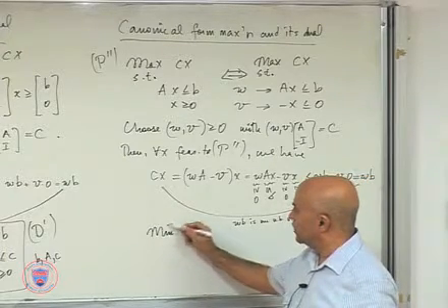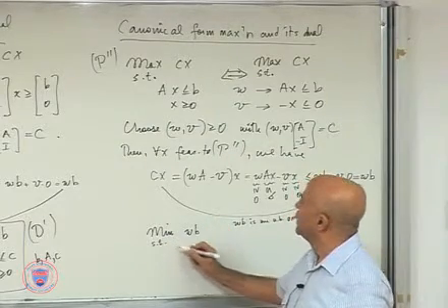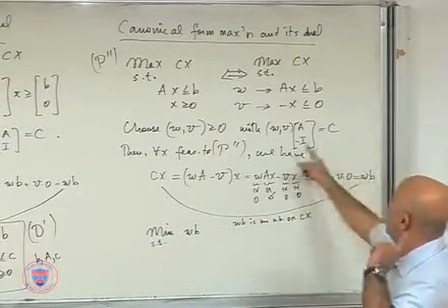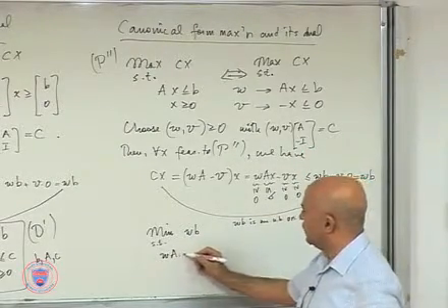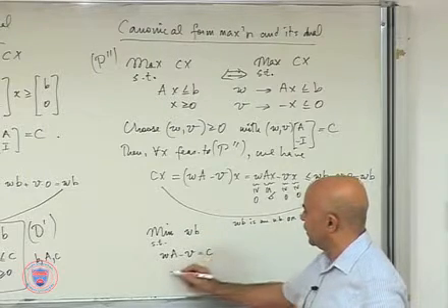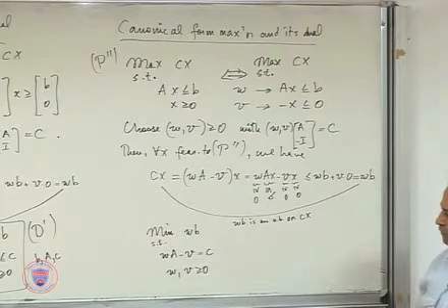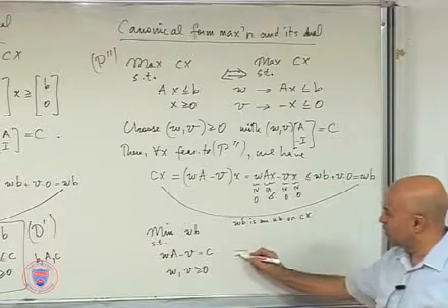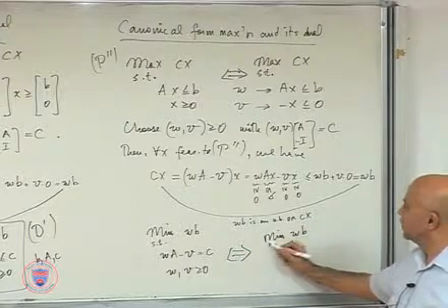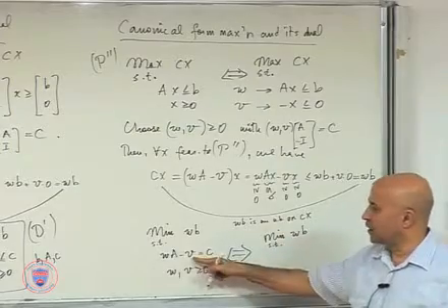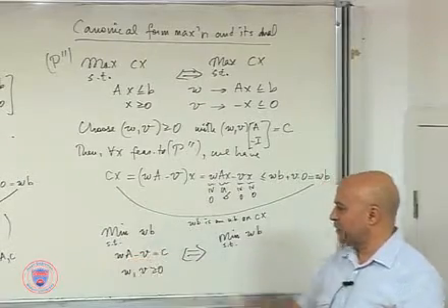So you want to minimize WB subject to this condition, WA minus V equals C, with W and V being non-negative, which is equivalent to the minimization of WB subject to, well, just think of V as a vector of surplus variables, which you subtract from WA.